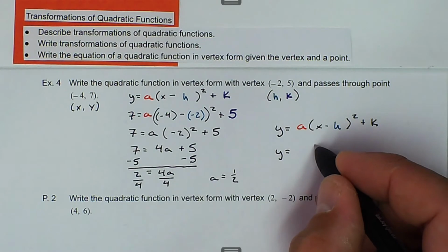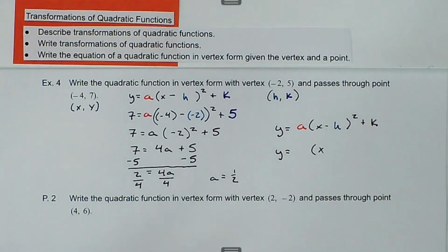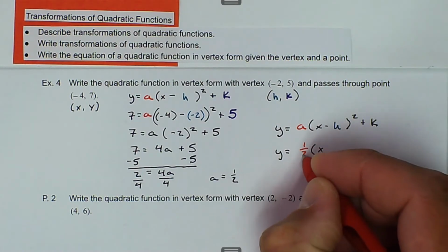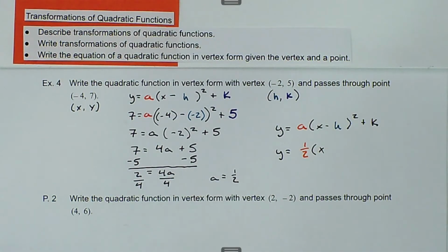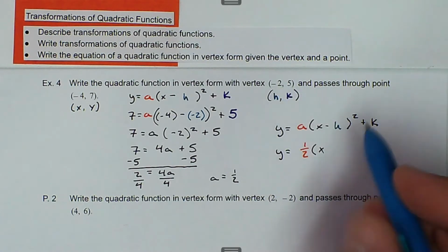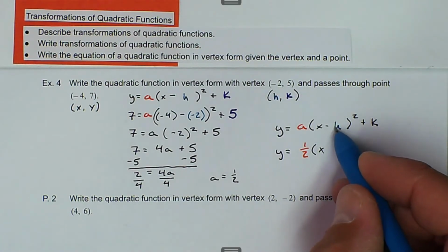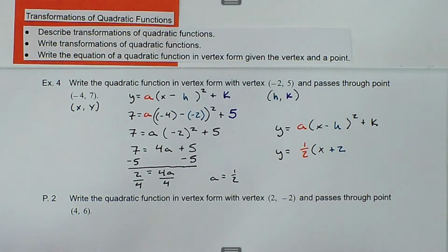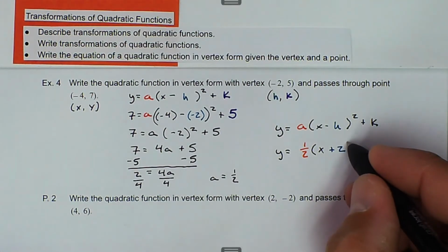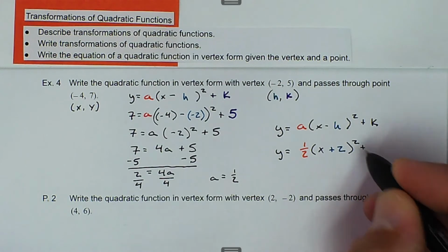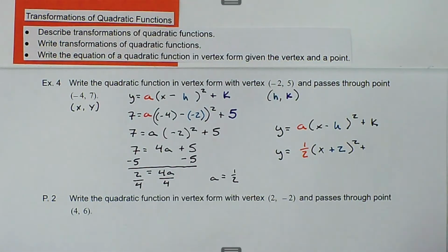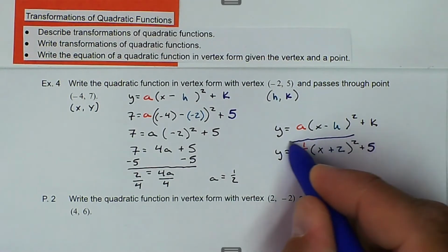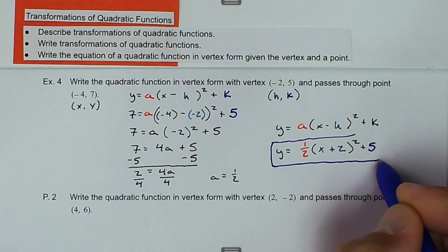So the y and the x are going to remain variables. We just calculated the a value as 1/2. We knew from before that our h was -2, so negative, substitute that in, and that becomes a positive 2. And our k value was a positive 5. So there's our new equation.